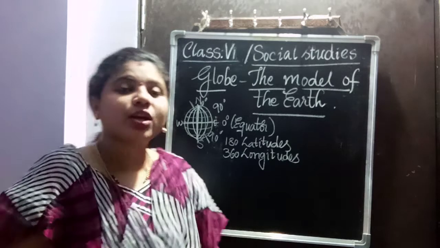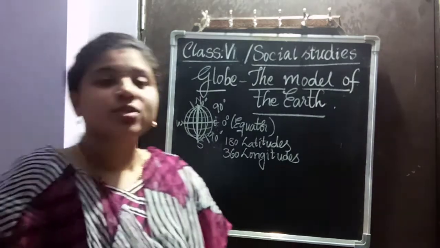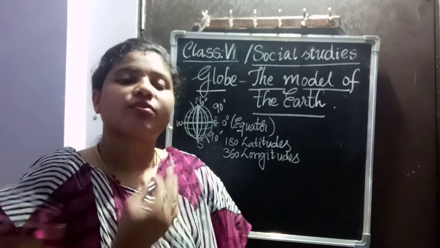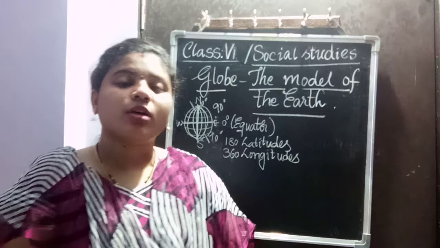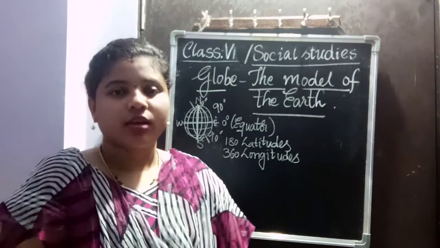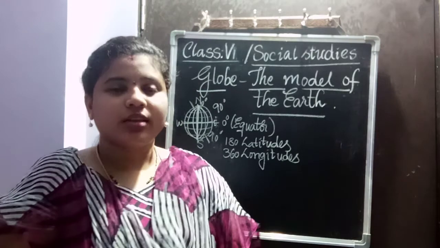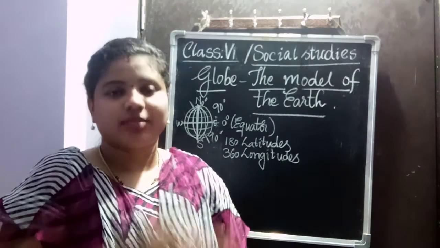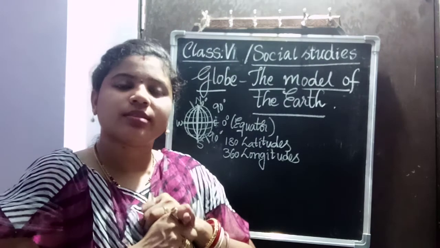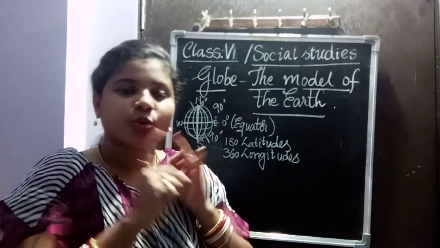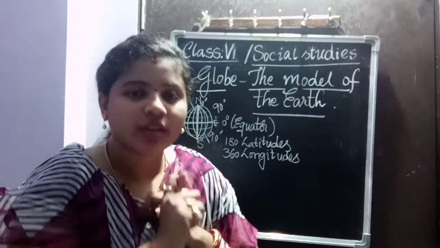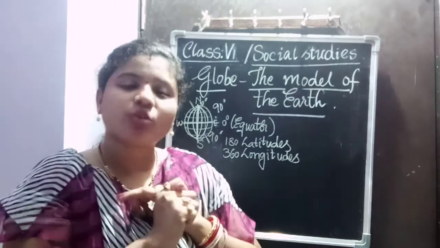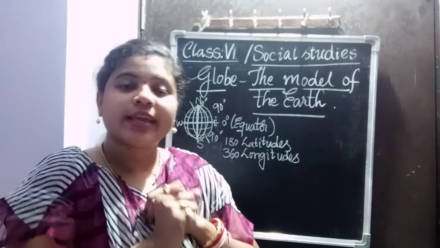Now, when we are talking about the earth, let us also discuss the movements of the earth. We have learned that the earth has two movements. One is the rotation, and the other is the revolution. The rotation causes day and night.